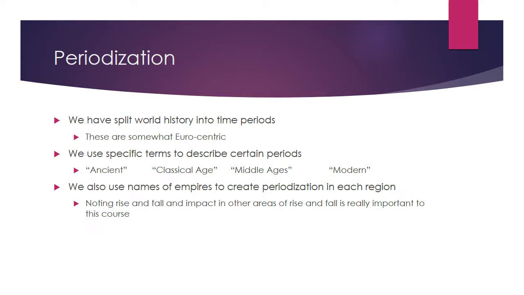So we have to establish some type of periodization for regional control as well. And as politics becomes more complex, it becomes easier to study regionally by using these terms. So when we say something like the Ottoman Empire, we're using that term not only for a geographical area, but we're also using it as a timestamp as well.